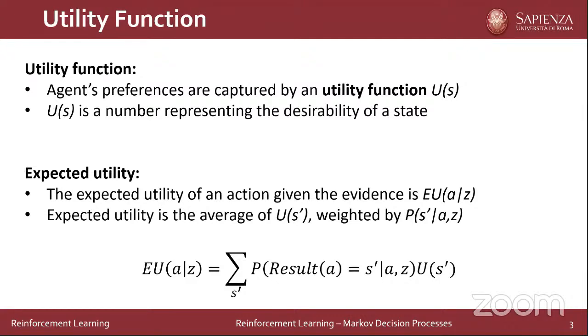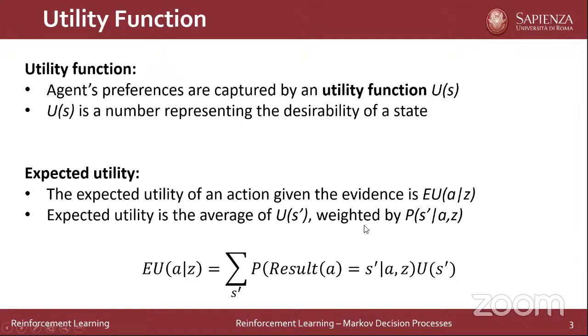Overall, what the agent is trying to do is maximize the expected utility of a certain action given some evidence, which in this case corresponds to the state itself. I'm using the broader notation here, to then go back to the MDP, Markov decision process, one.